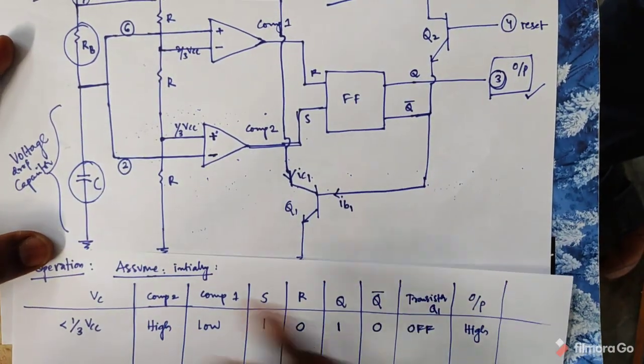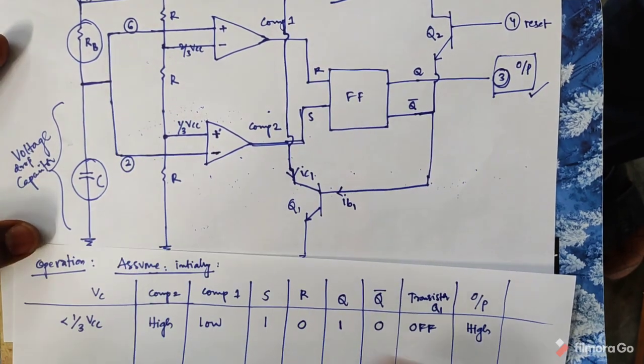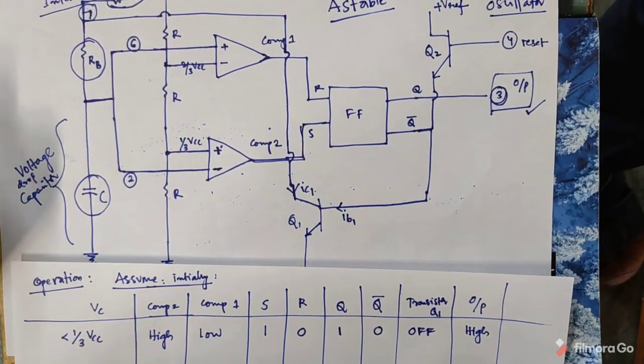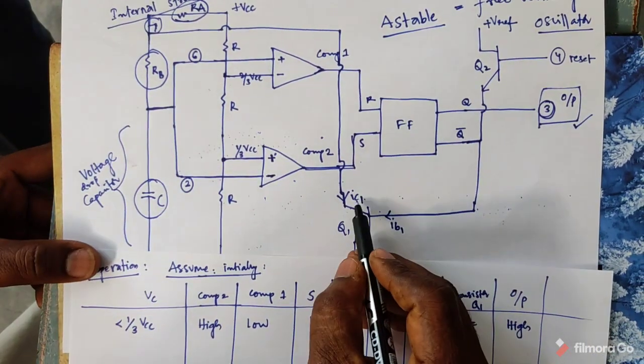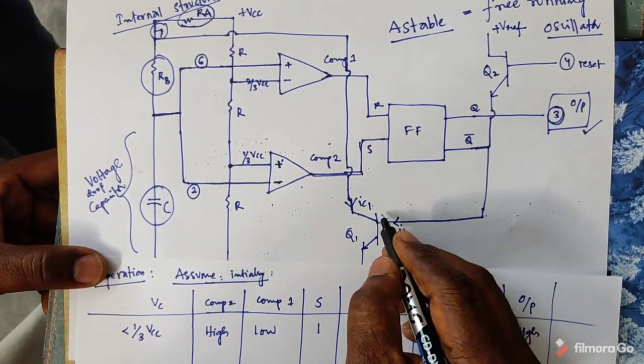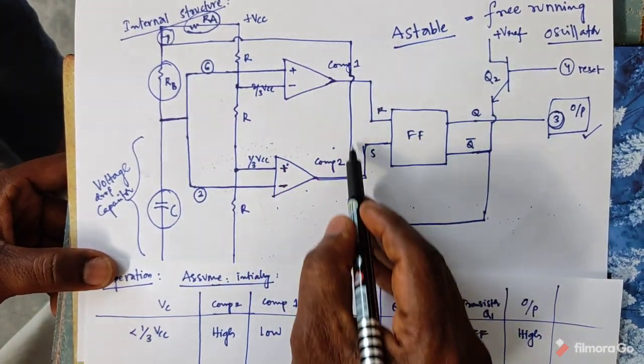So that voltage drop across capacitor is charging. Here IC1 and IB1 both values are 0, no current flows in this direction.